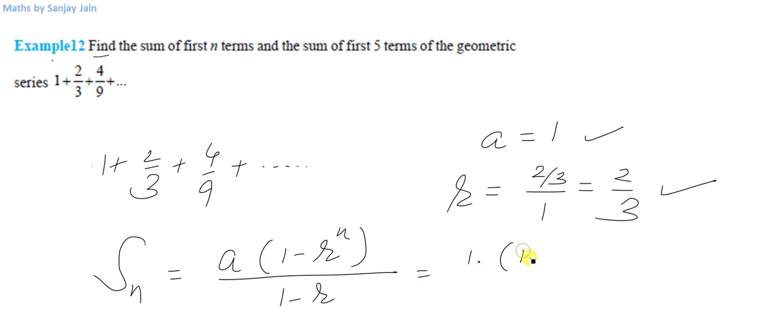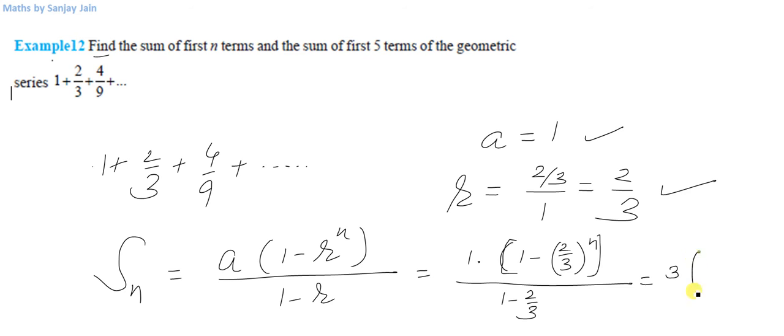A is 1, 1 minus R raised to power n, so 2 by 3 raised to power n, divided by 1 minus 2 by 3. 1 minus 2 by 3 gives me 1 by 3 in the denominator. So 1 by 3, when I bring it to the numerator, will come out to be 3. So it is 3 into 1 minus 2 by 3 raised to the nth power. This is the sum of the first n terms.